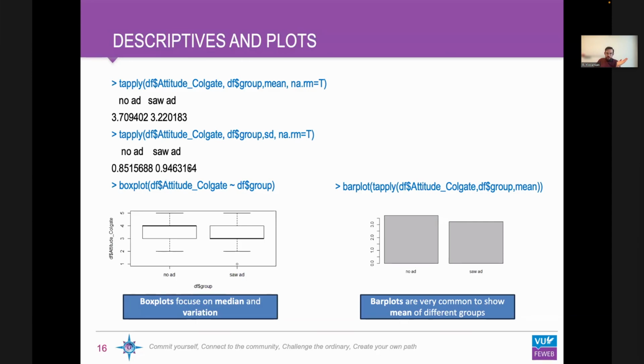Does that make sense? It might be that some people actually enjoyed the advertising, but on average, if you account for all people, it looks like the ad didn't work, at least from the descriptives. So we are not doing a rigorous test here.